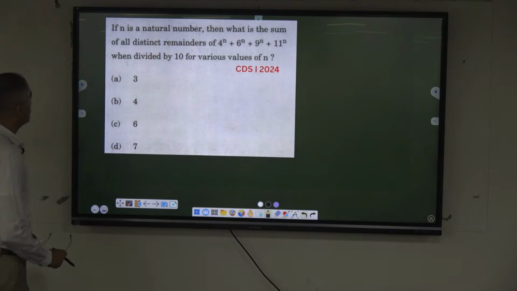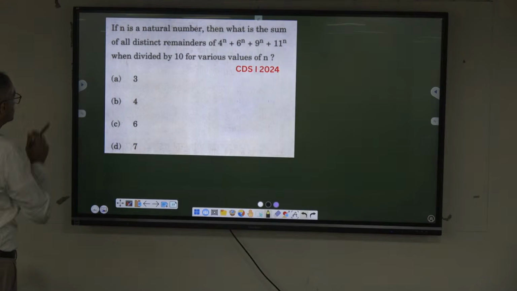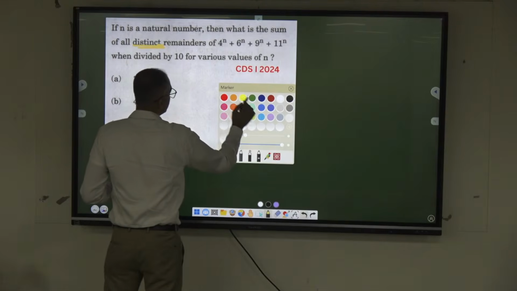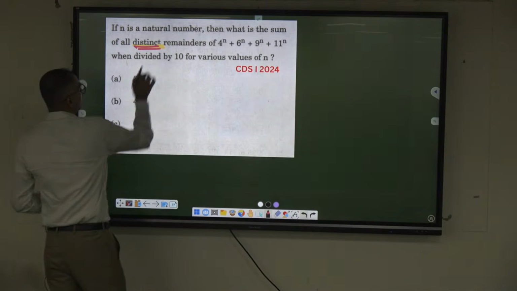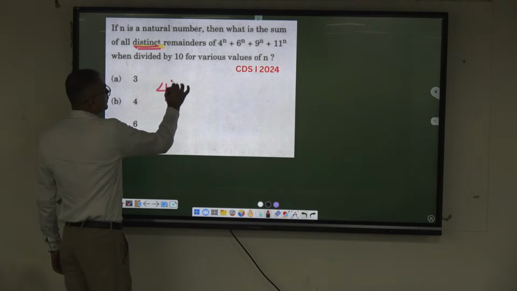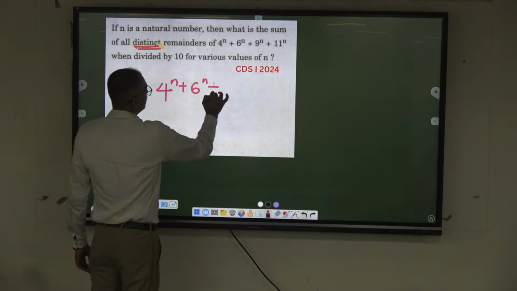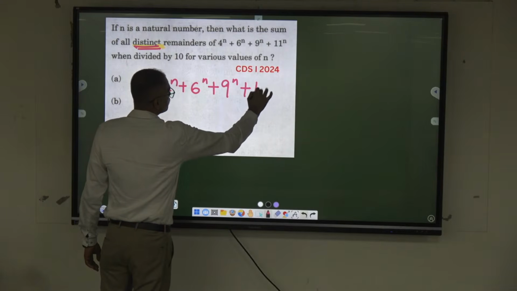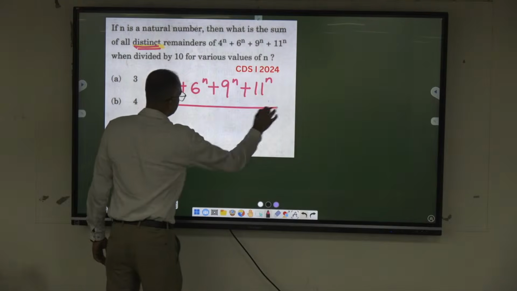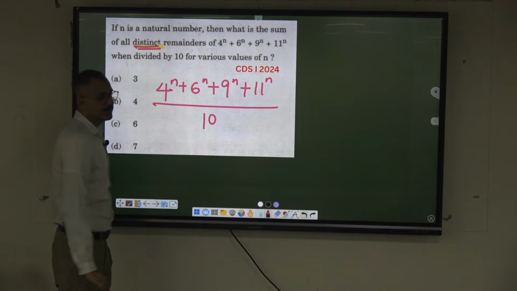Common factor. Okay, if n is a natural number, then what is the sum of all distinct remainders of 4 power n plus 6 power n plus 9 power n plus 11 power n, when divided by 10?